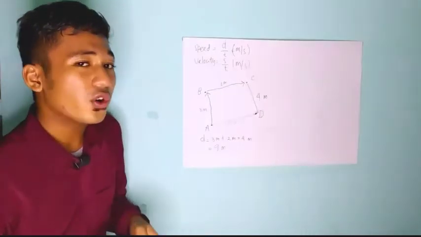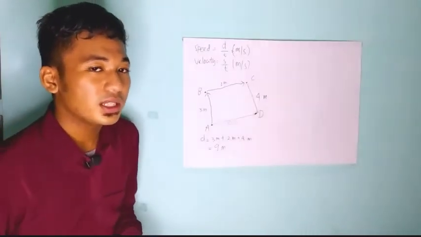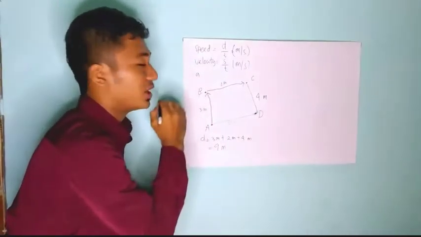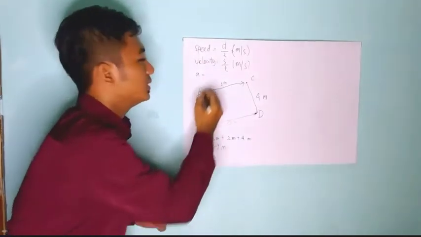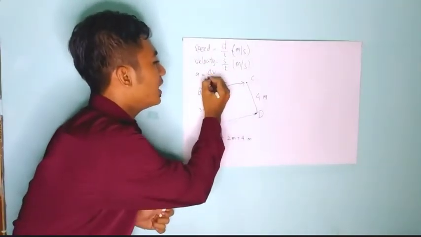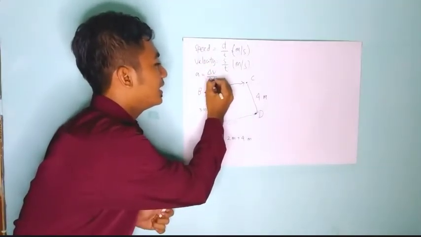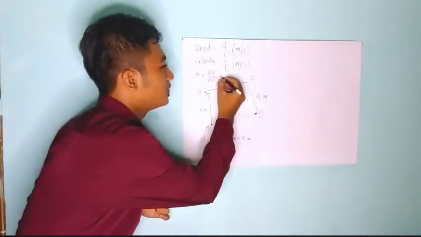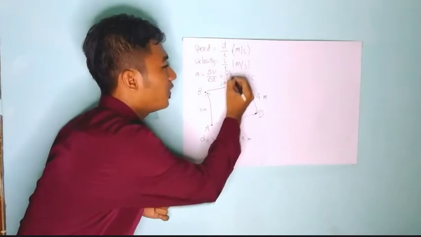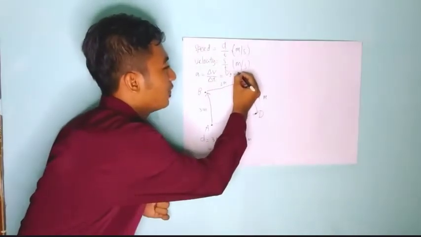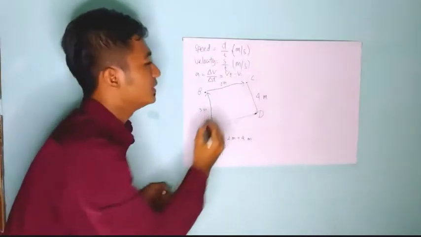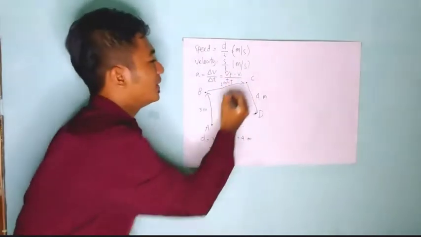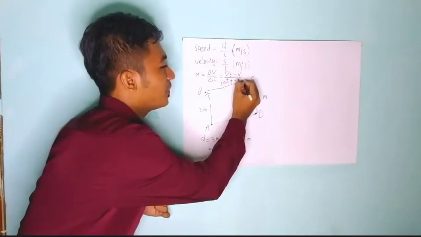So the formula of acceleration, you can write a is equal to delta v over delta t, or velocity final minus velocity initial over time final minus time initial.